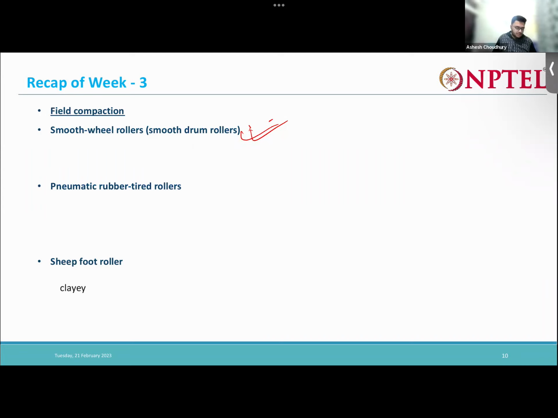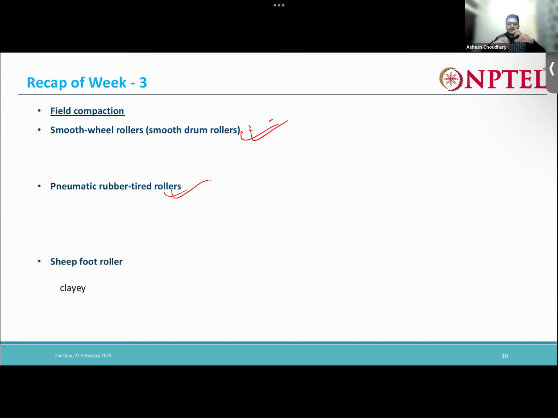rubber tired rollers. In these pneumatic rubber tired rollers, there is a kneading action. Kneading was very nicely explained by the course instructor during the lecture.